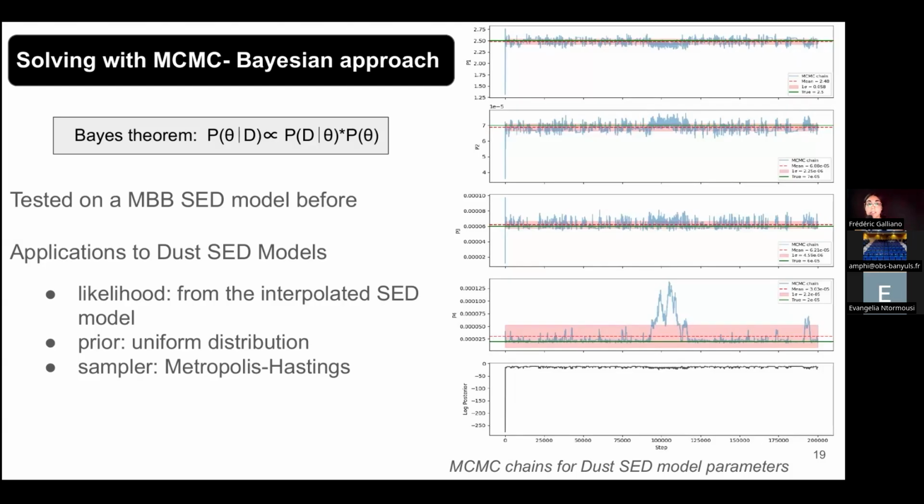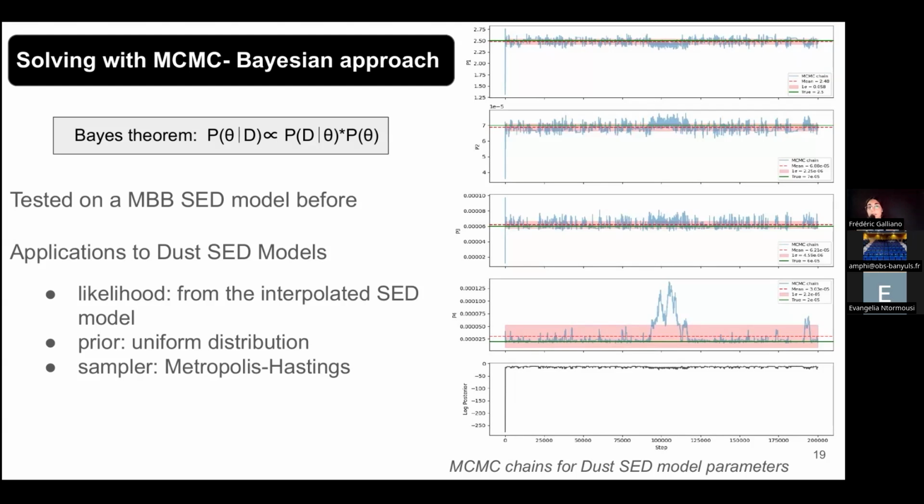So our next goal is to understand the value of the parameters of the DustEM. And in particular, we can use a Bayesian approach to do that. And in order to do that, we remember briefly that the Bayesian approach is formed by a prior distribution and observational data, and all that combined lead to a posterior distribution that describes those parameters.